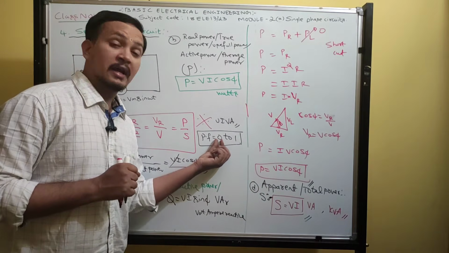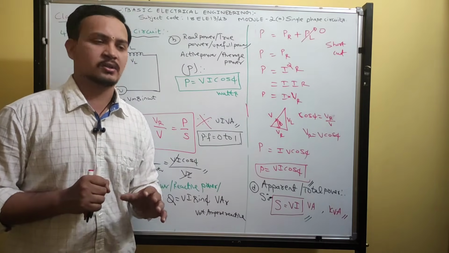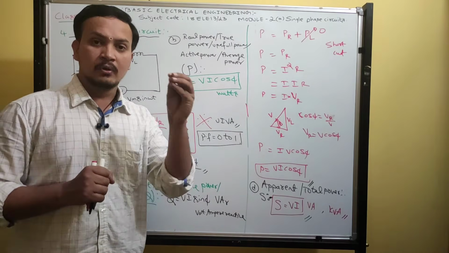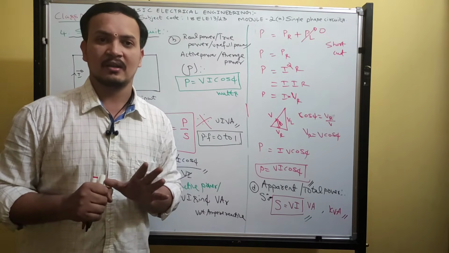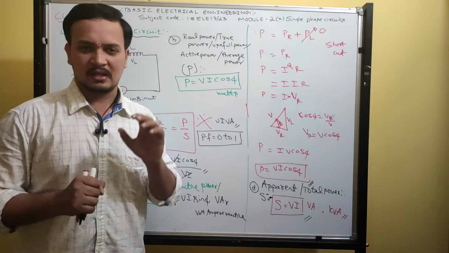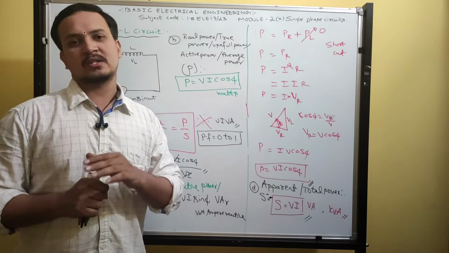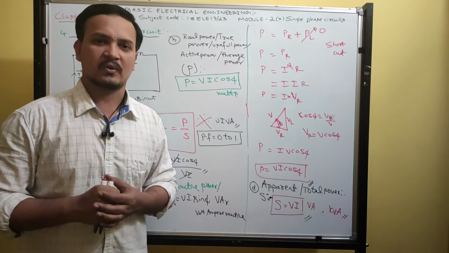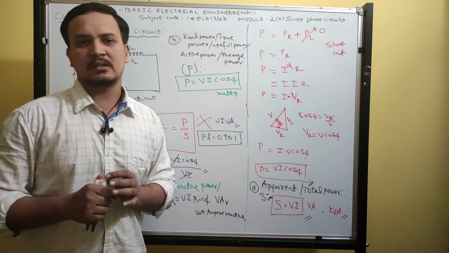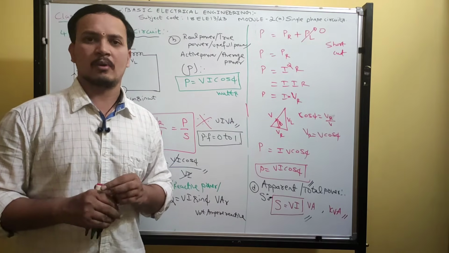When do you get 0? A pure inductor gives power factor 0. When do you get unity? A purely resistive circuit. But practical loads have both resistance and inductance. Very few cases have capacitive loads, and for capacitive loads we do not have such problems; for inductive loads we do.